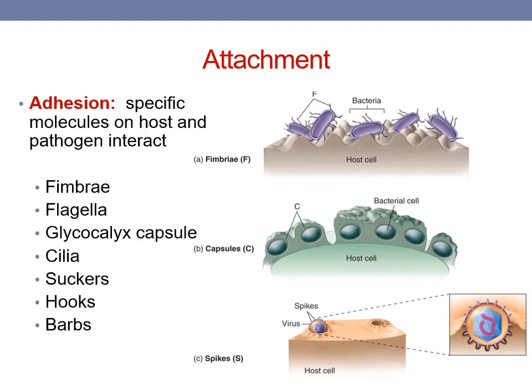Some structures like capsules, pictured here in figure B, protect the microbes from destruction by our immune system. And spikes on viruses, like the coronavirus, allow attachment by binding to specific structures on the surface of host cells, as seen in figure C.